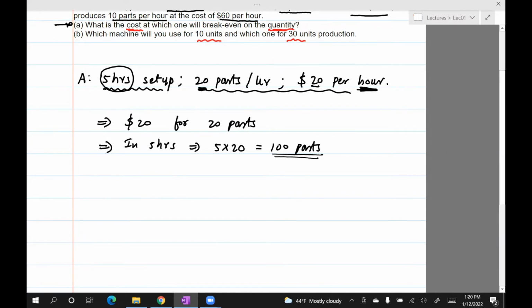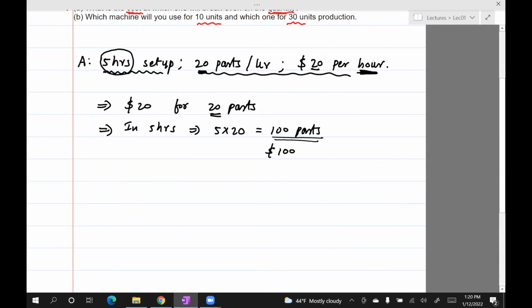So to produce 100 parts, you would need $100. So that's the cost of producing 100 parts. When this machine is sitting there idle for 5 hours, you've pretty much lost $100 because you would have been able to produce 100 parts, and that was not possible.